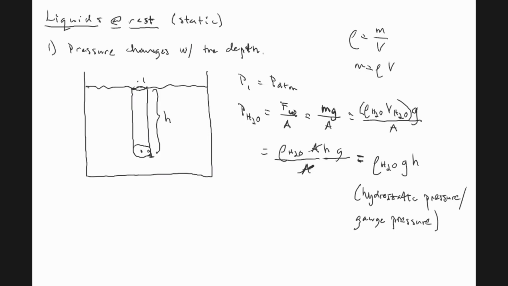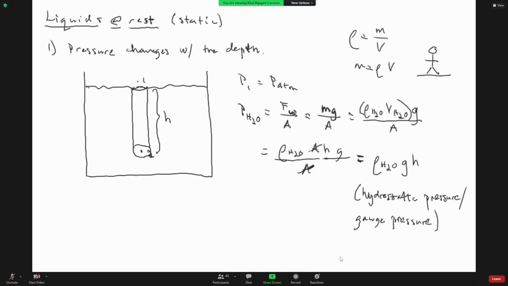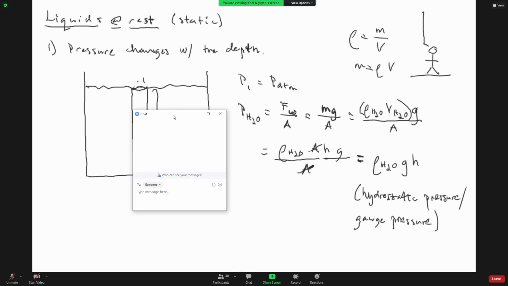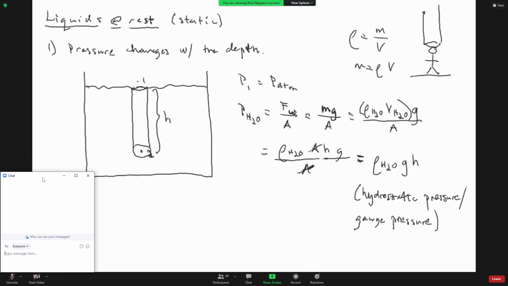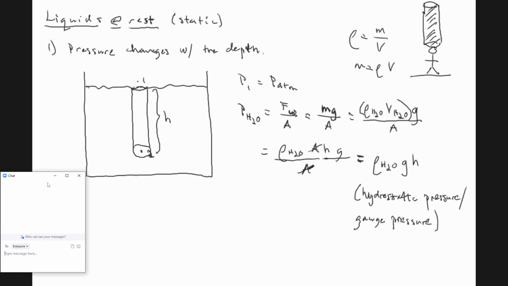So if you think about it, if we're standing here on Earth, at the surface of the Earth, we have a column of air above us, and we're measuring that column of air. It's all that density of air above us, and we call that 1 ATM, right?